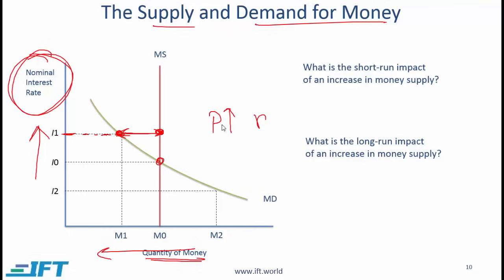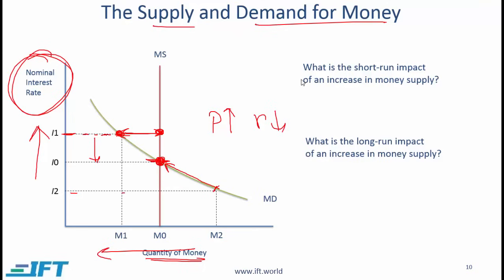Price of bonds going up means that interest rates will come down. So the interest rate then will fall to this equilibrium point. And the same sort of argument can be used to show that if interest rates are set at a low point, then they will automatically adjust until we get to equilibrium.